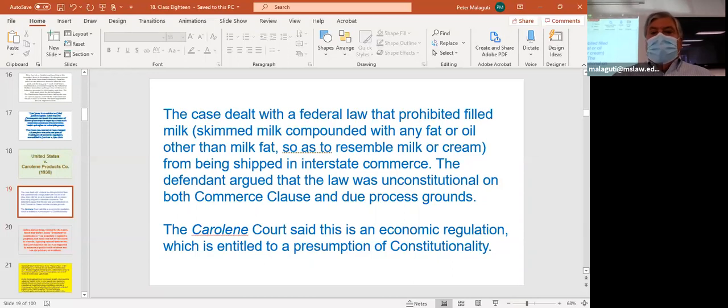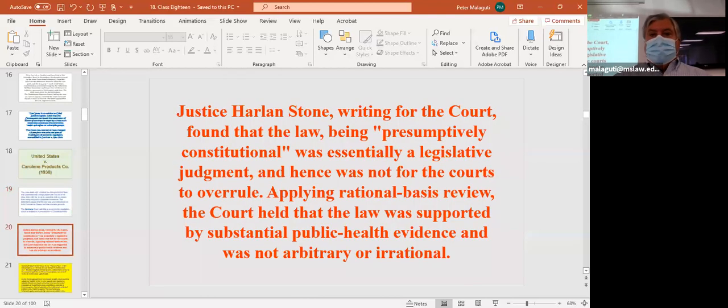It's an economic regulation. The Caroline Court says because it's an economic regulation, it is entitled to a presumption of constitutionality. In other words, the court is saying it will give deference to the legislature, okay? It's presumed to be constitutional.